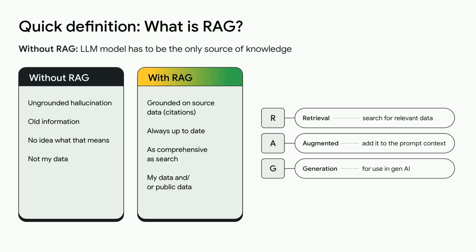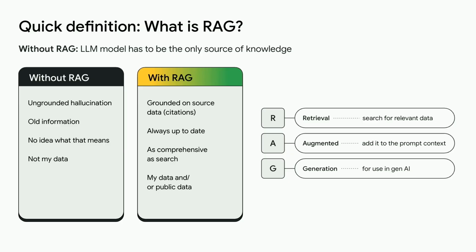So without RAG, we have a few issues with large language models sometimes. Without RAG, the model has to be the only source of knowledge, which can lead to things like hallucination. We could have old information, or we might have questions being asked that the model has no idea what they mean. And a lot of these models aren't trained on your own data.